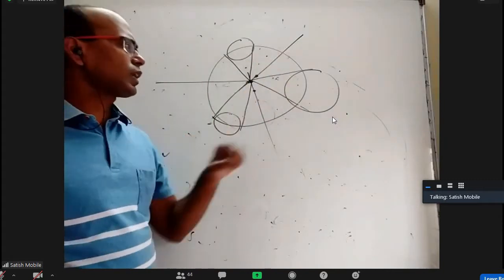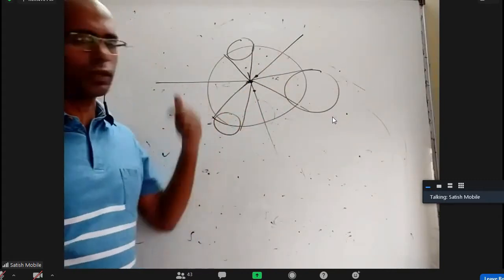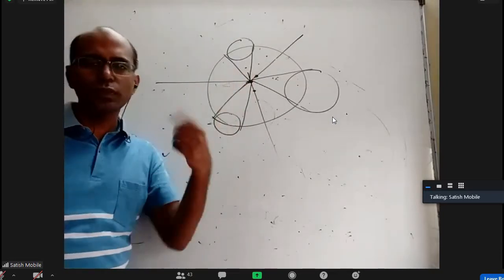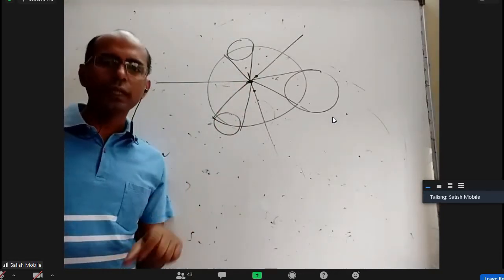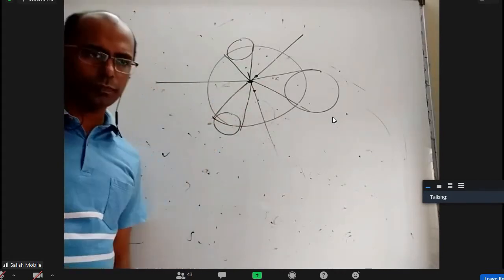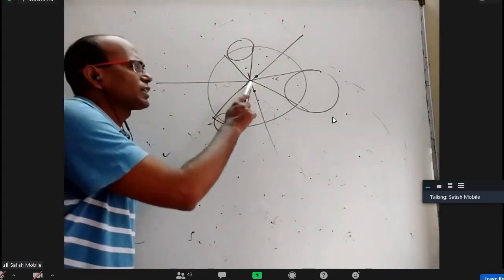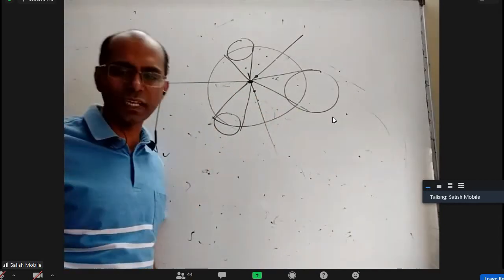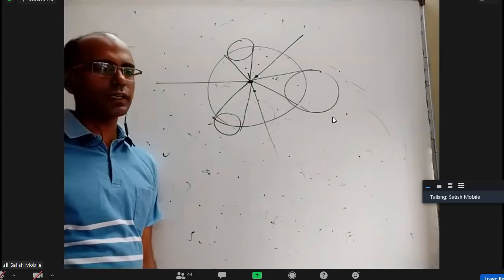Subtract 2 circles, you'll get 1 line. Subtract another 2 circles, you'll get another line. Third line not required. Solve these 2 lines, you'll get a point. From that point, you find root S1 to any one of the circles, you'll get the same number. Take that number as the radius. You know the center and radius, so you can find the circle equation. In fact, this point is called the radical center of these three circles. The point of concurrence of the three radical axes is called the radical center.